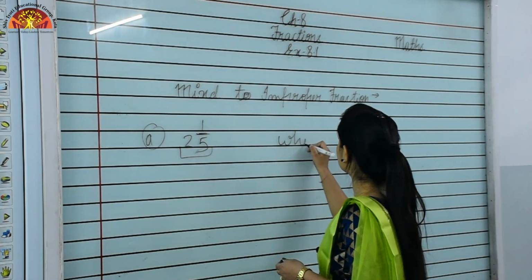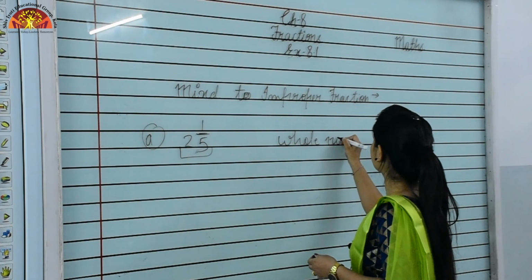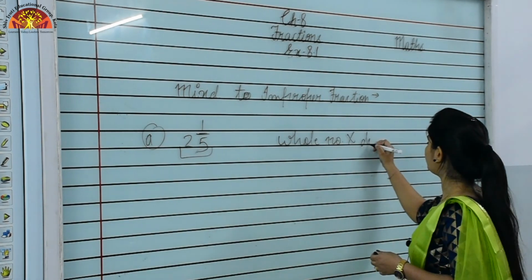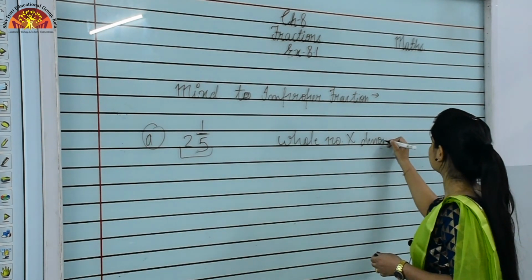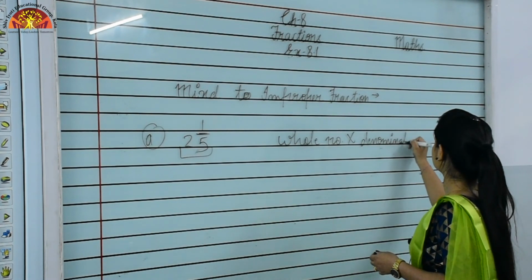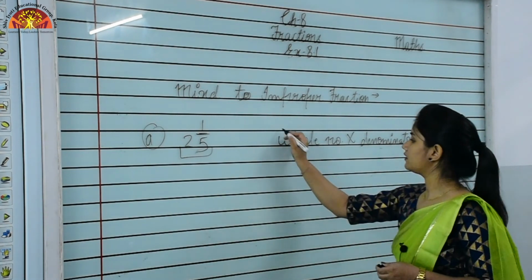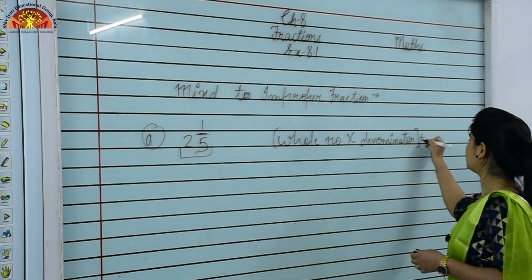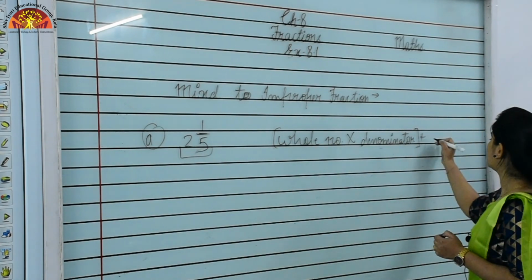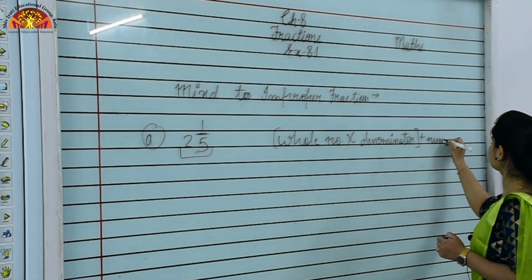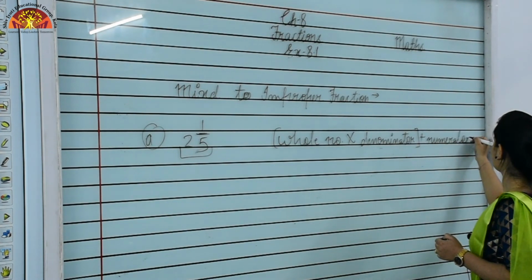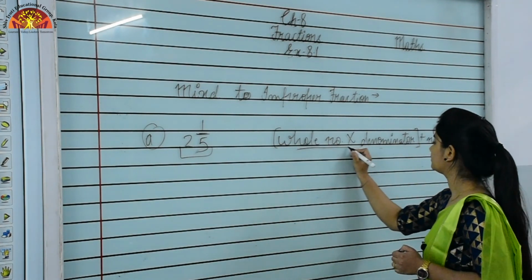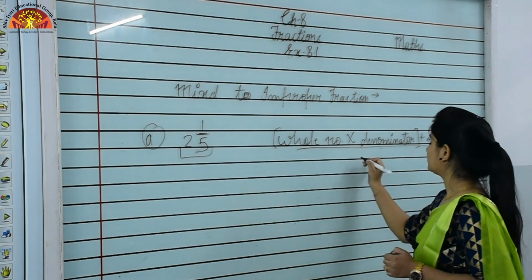So you have to multiply the whole number by the denominator, and then you have to add the numerator, then upon the denominator.